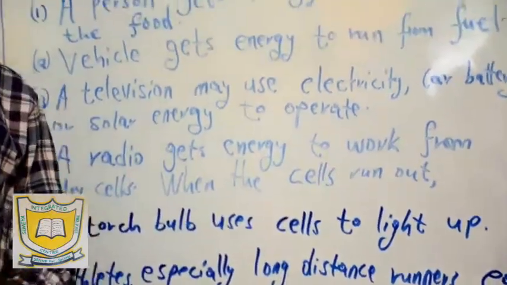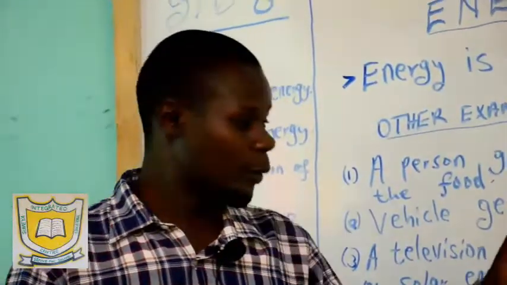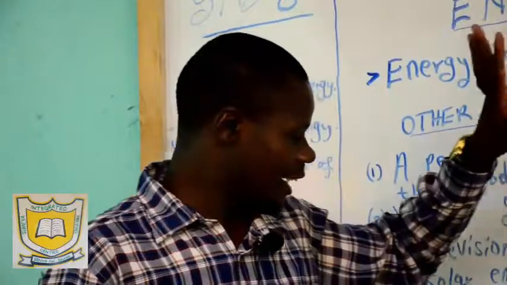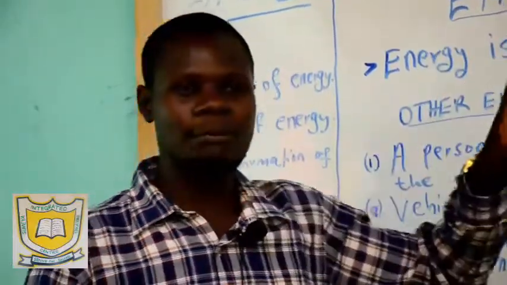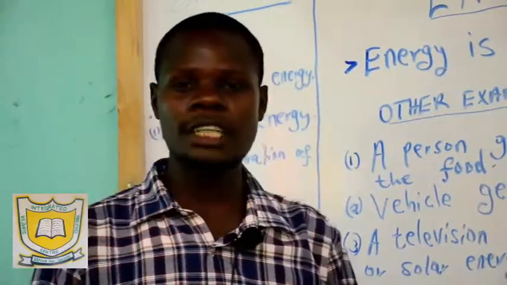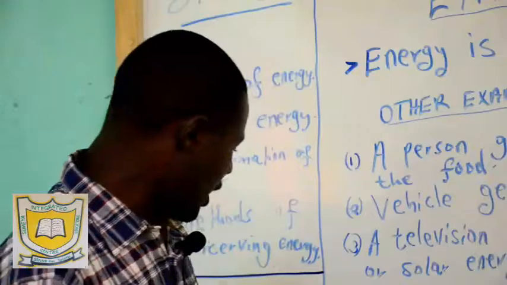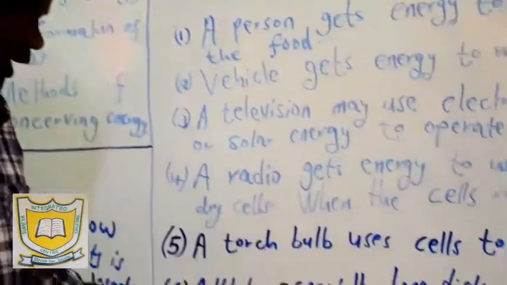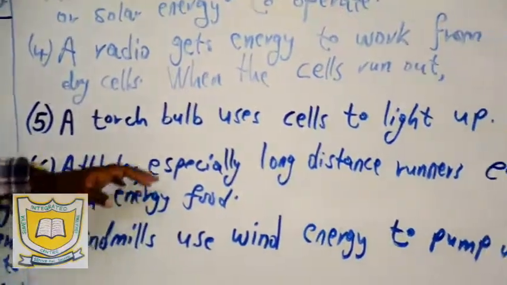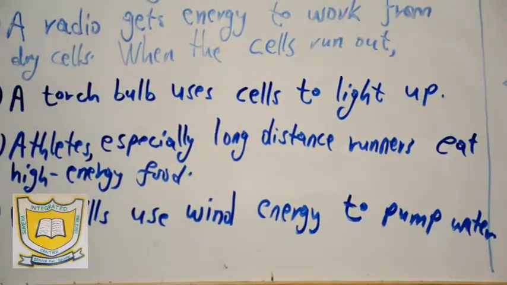Somebody runs 8 kilometers, 15 kilometers. You have heard them being mentioned. They are bringing gold medals because they consume food that has a lot of energy for them to run such kilometers. That is also another source of energy. People who run long distances have to use food that provides a lot of energy.